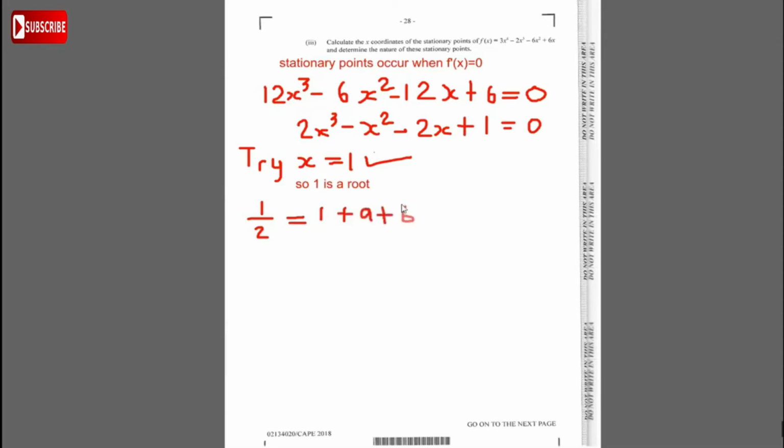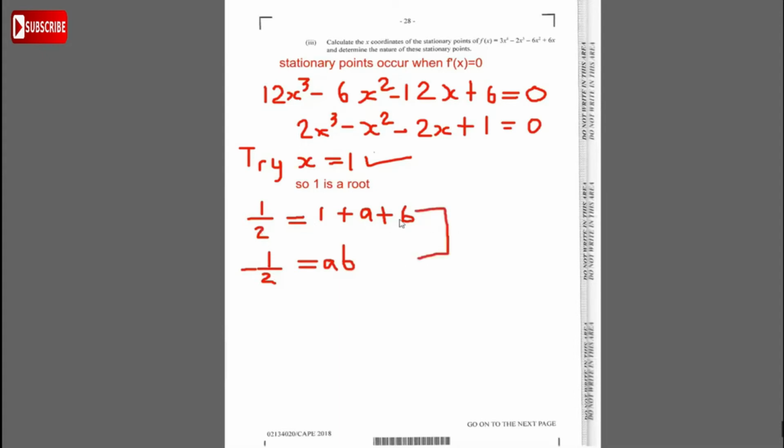So 1 plus a plus b is equal to a half. And then the product of the three roots is going to be minus d over a, which is minus a half, and that is equal to 1 times a times b, which is ab. So from these two equations, I'm going to solve them simultaneously.